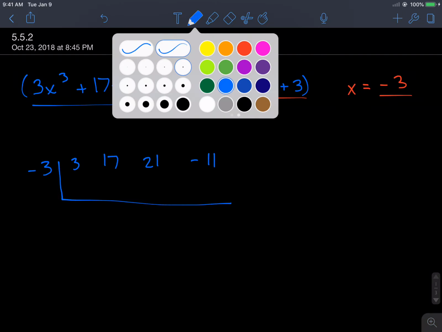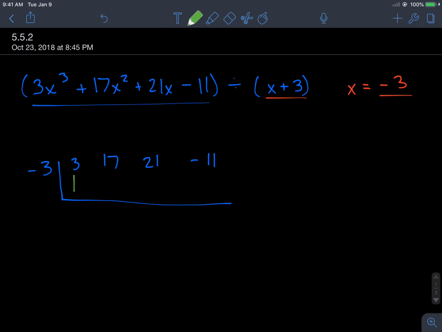The first thing we do is bring this number down, so we have 3. When we get a number on the bottom, we take the negative 3 and multiply. So negative 3 times 3 is a negative 9, and that goes there. And then we add down. So 17 plus a negative 9 gets us a positive 8.